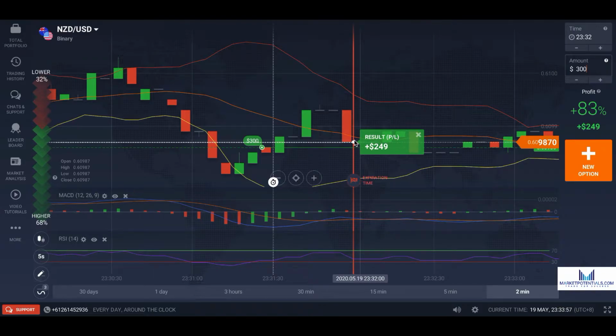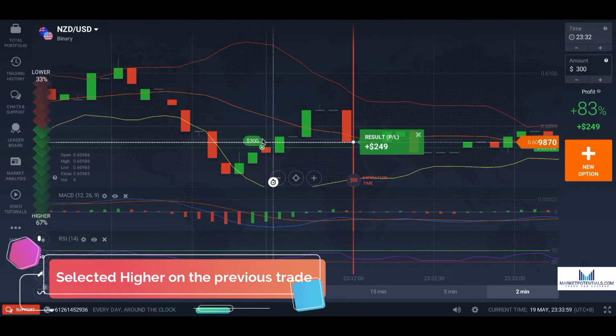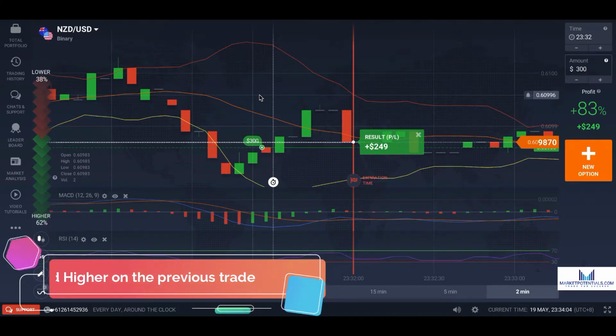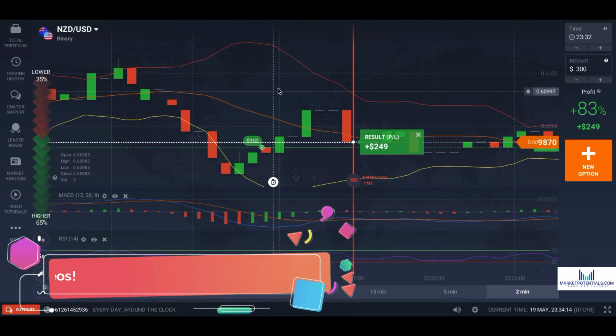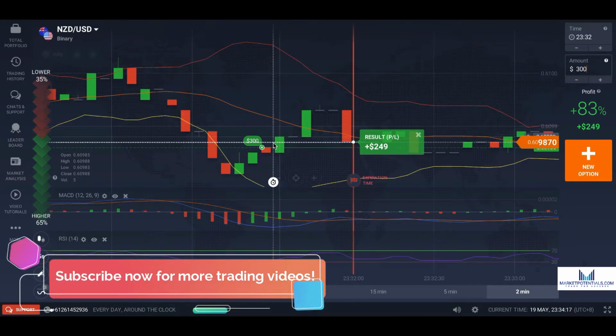I selected higher here because I am looking at the chart, the technical indicators, and what that's telling me. So I put in $300 and said, in 30 seconds I reckon the chart is going to end up being higher, so I selected higher. This was the purchase deadline, the white dotted line, and the red line is the expiration line.